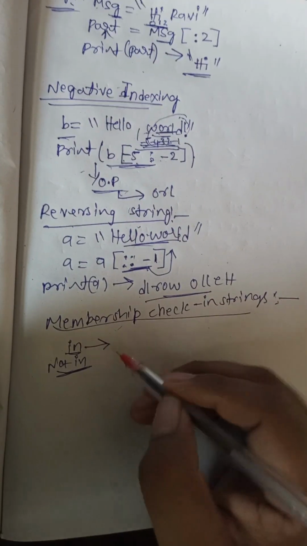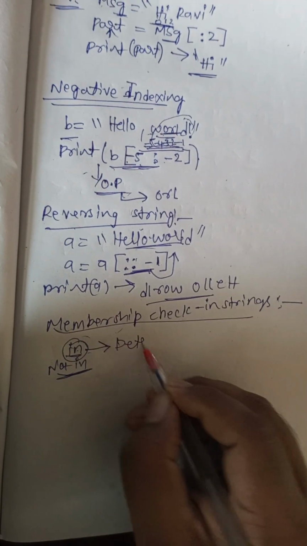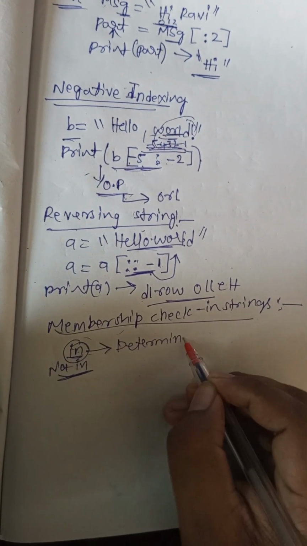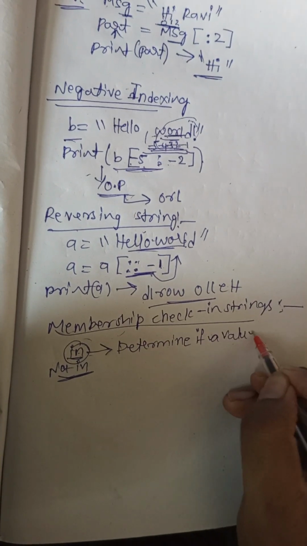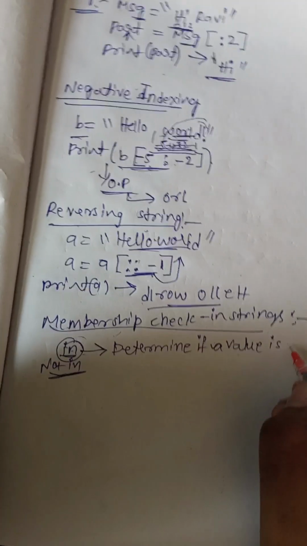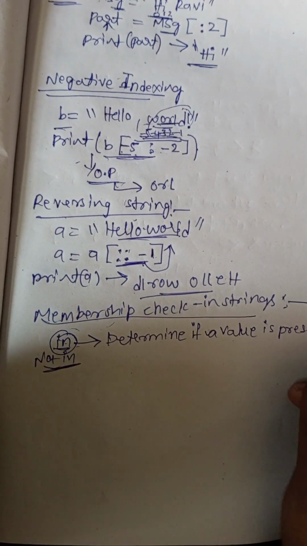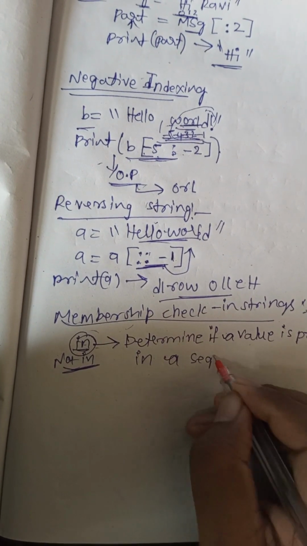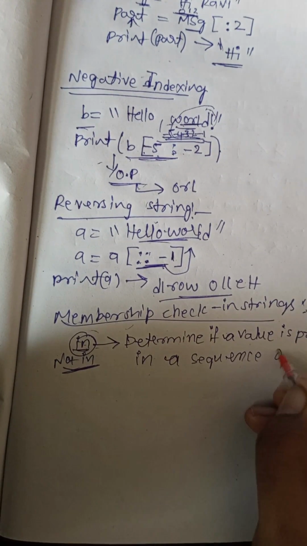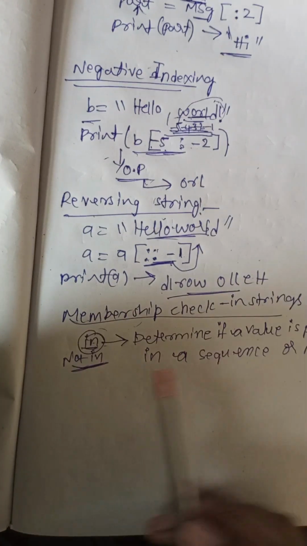By using this in operator, we can determine if a value is present in a sequence or not.